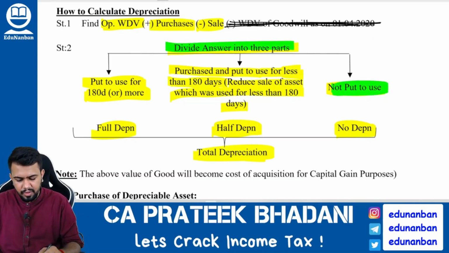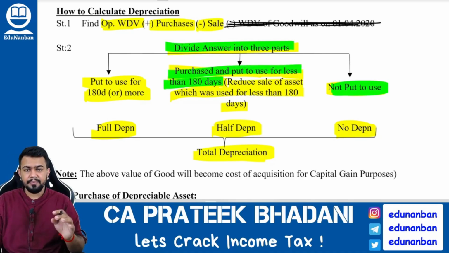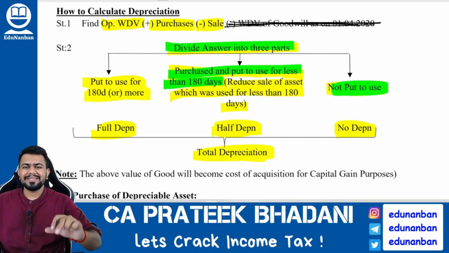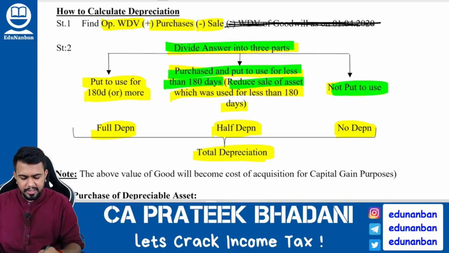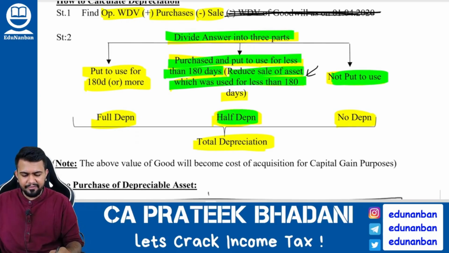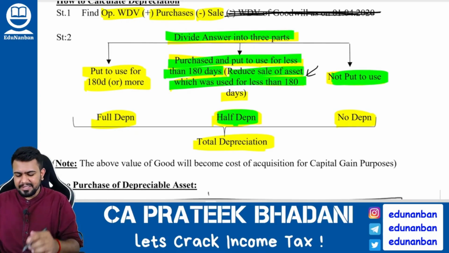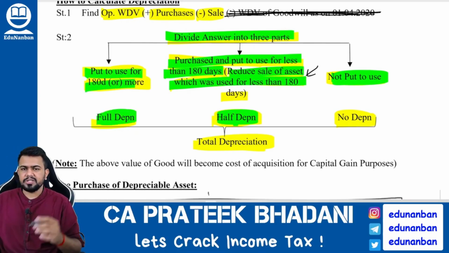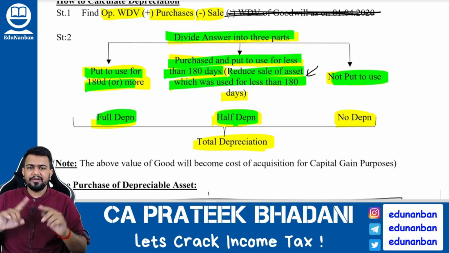Then part number 2, asset purchased and put to use for less than 180 days during the previous year. And also, if at all there is a sale which is happening out of less than 180-day purchase, that you reduce here itself. Generally, this is not given for inter level, but still if it is given, you reduce it here itself. On this value, you provide half depreciation, and on the balance value, you provide full depreciation. You get my point? So divide into three parts.